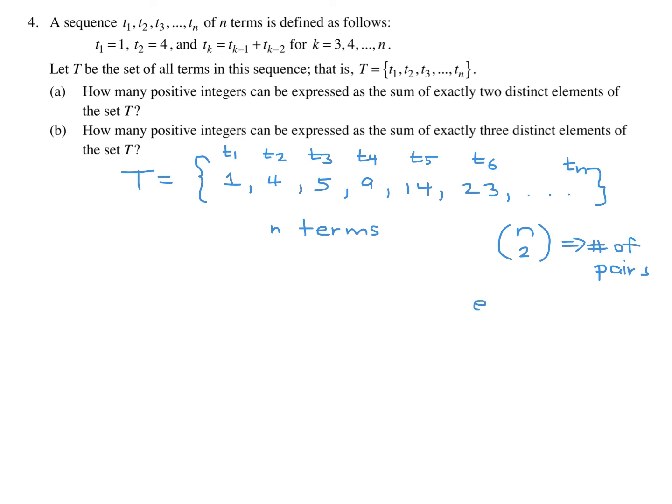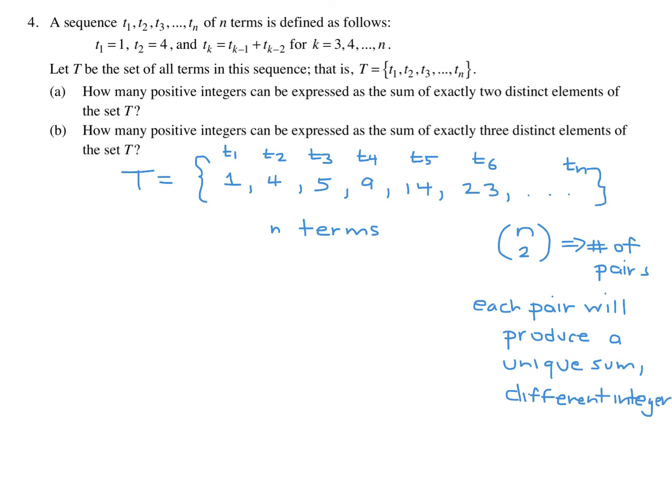And I think that each pair will produce a unique sum, or another way of writing it, a different integer. Now, if that's the case, I'm done with my question.